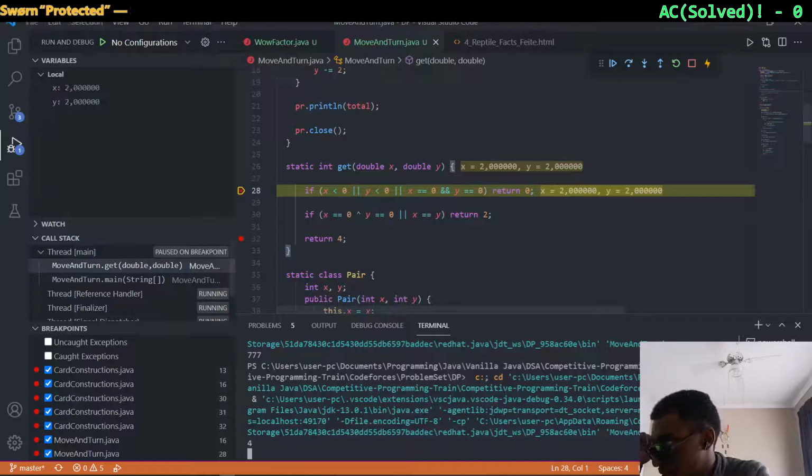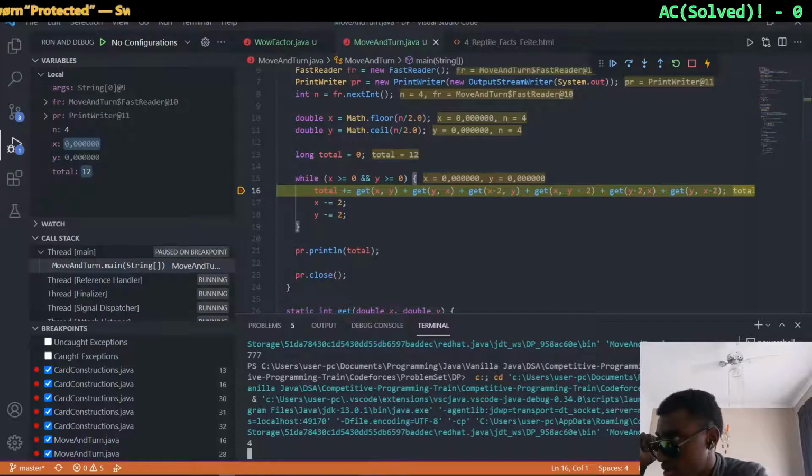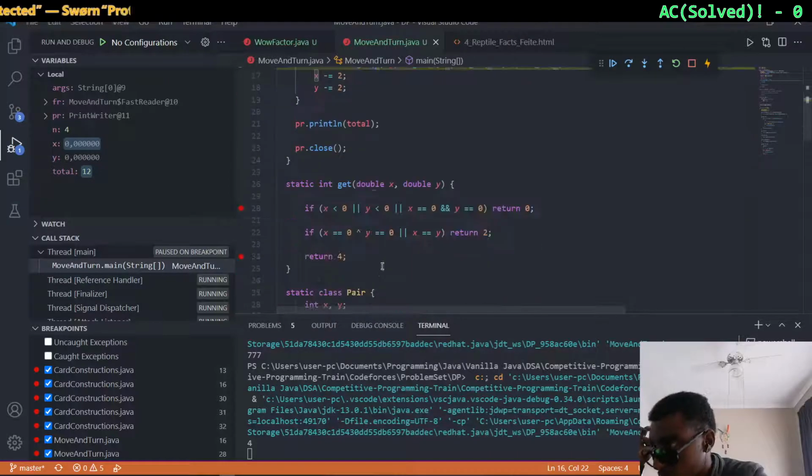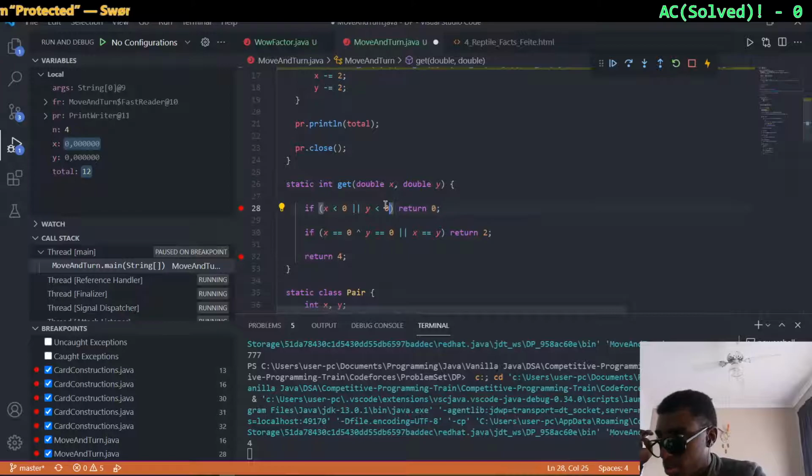Then let's hit F9. 2, 2 is 1. It gives me 12. So my code must say router.